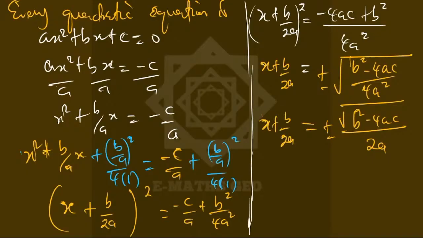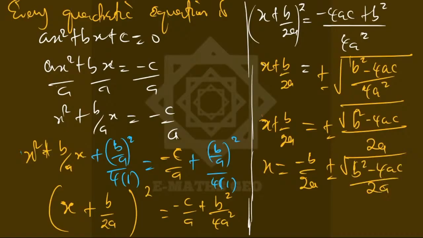So now, the second to the final step, we are looking for x. So that plus b over 2a crosses to be minus b over 2a. We have plus or minus the square root of b squared minus 4ac over 2a. Now, what is common? You can bring all in the same denominator, which is 2a. So this is minus b plus or minus the square root of b squared minus 4ac, over 2a.